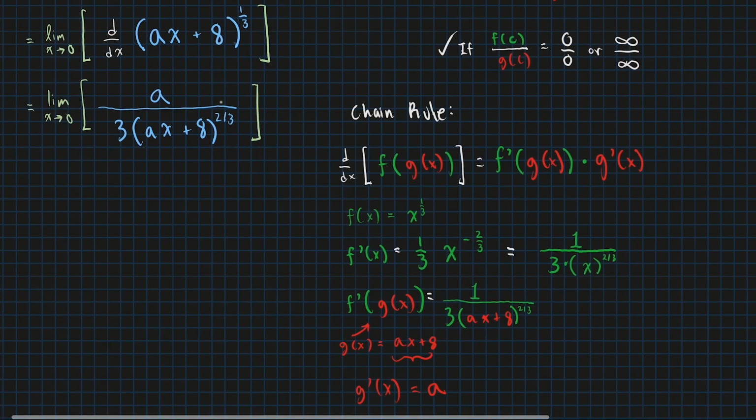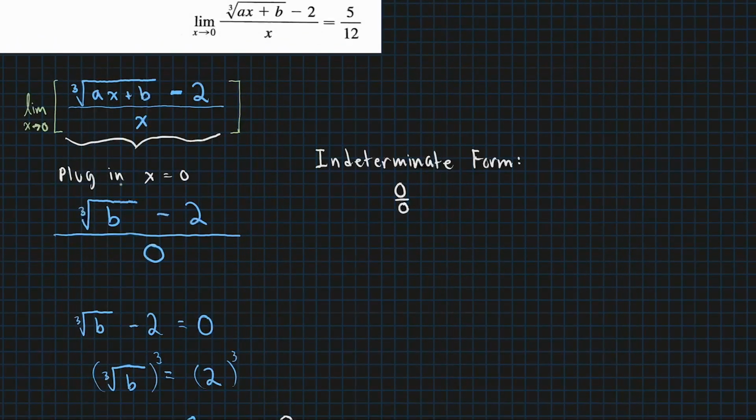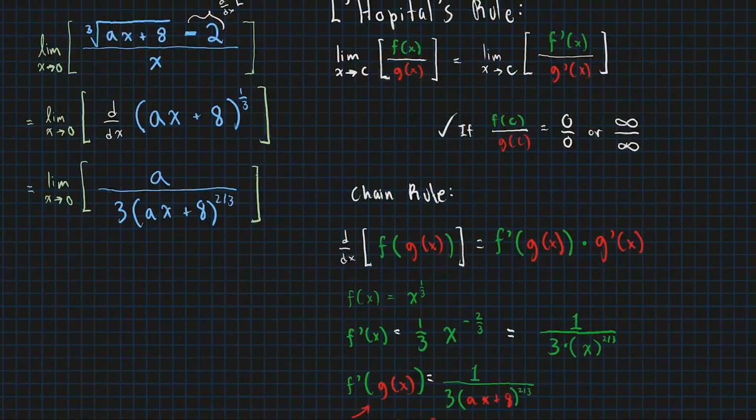Now, we have an a by itself, so we can find a way to figure out what it is. So let's do what we did before. Let's plug in x equals 0. This term will become 0, but that's okay because we have this a up here, so we can figure out what a is.